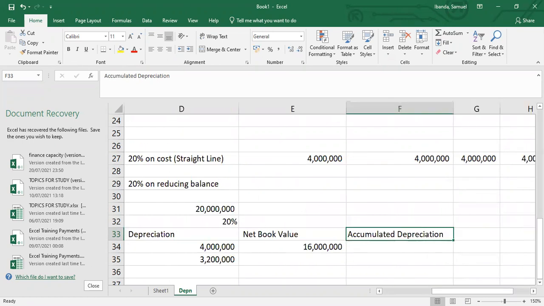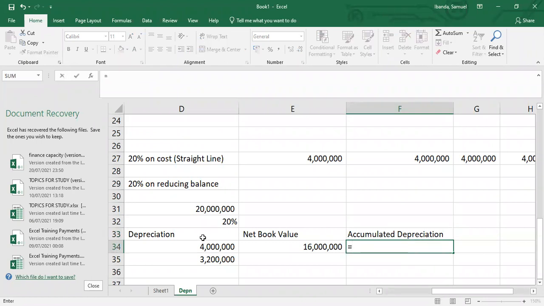And what goes there might also be a bit similar, but accumulated depreciation is basically depreciation for the years that this asset has been around. If this asset has been around for only 1 year, the accumulated depreciation will definitely be the depreciation for that period. You get it? The word accumulated is accumulative.